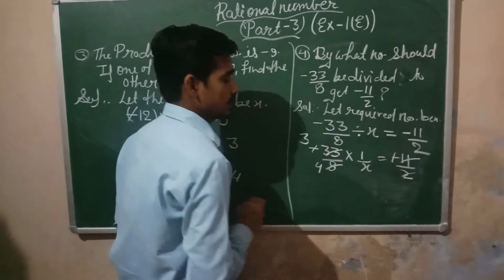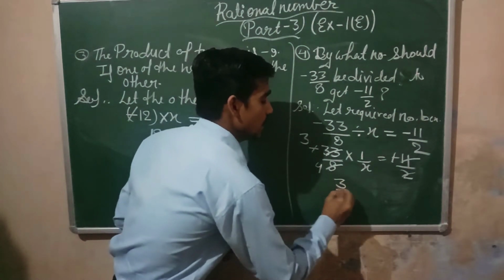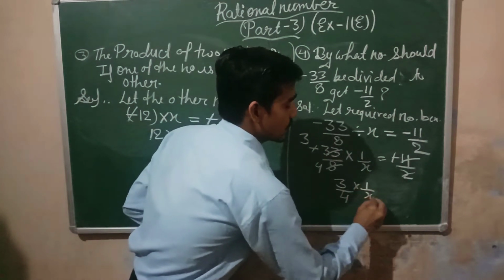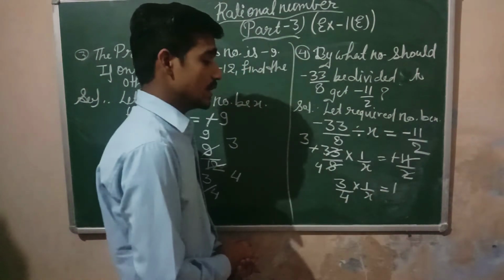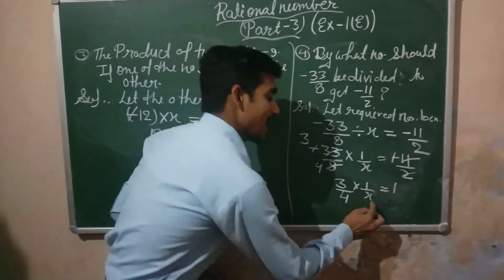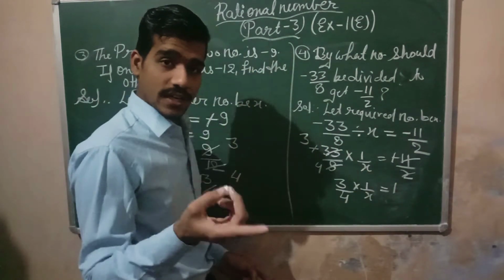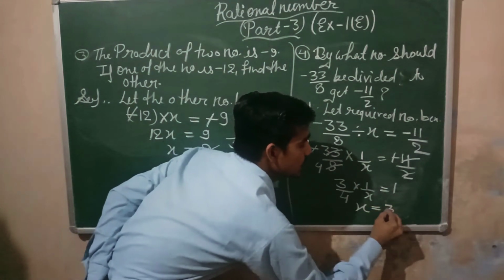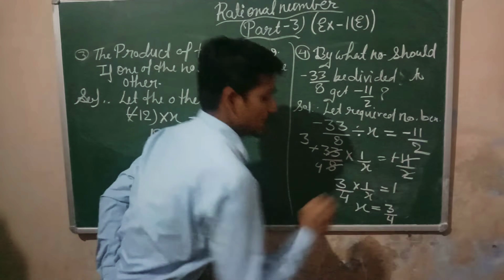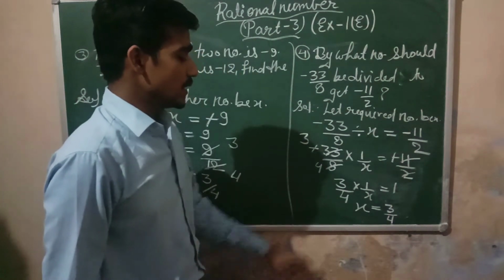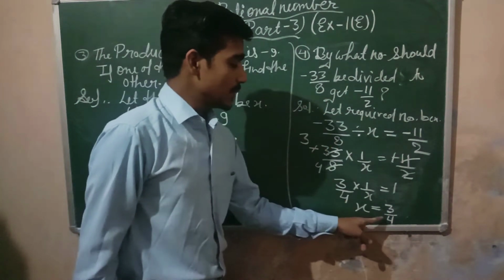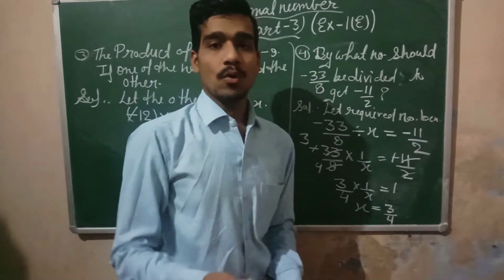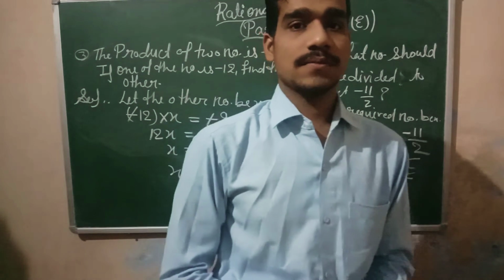And multiply 3 upon 4 into 1 by x is equal to 1. Clear? And cross multiply, x multiplied by 1 we get x. x is equal to 3 upon 4. Clear student? Meaning required number is 3 upon 4. Clear student? Now I am going to start next questions.